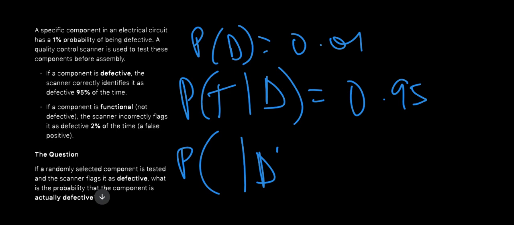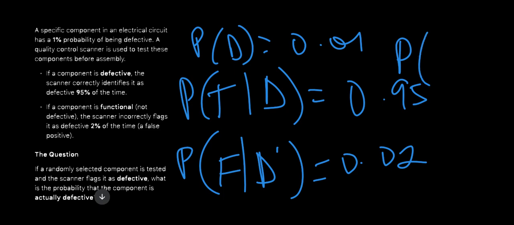So incorrectly can be labeled as false. Alright, 2% of the time. So now it says if a randomly selected component is tested and the scanner flags it as defective, what is the probability that the component is actually defective? So now what we're really looking for is the probability that, given that the scanner flags it as true, it is defective. So this is what we have to find.